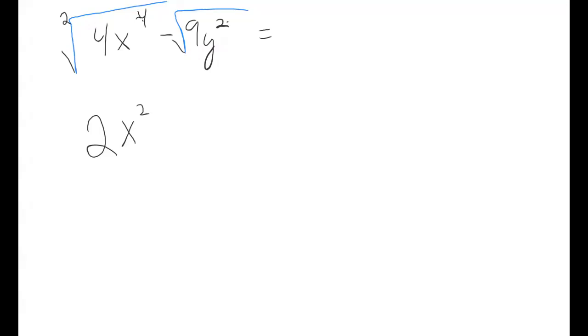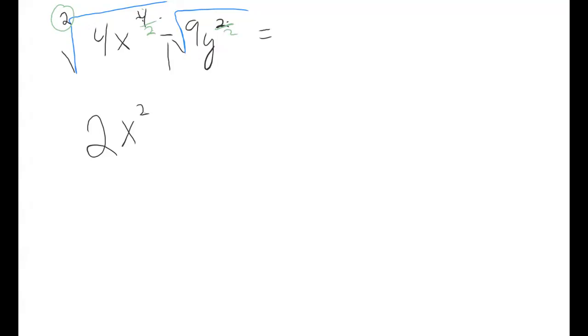If I take the number on the outside and the number on the inside and divide them, 4 divided by 2 is 2. 2 divided by 2 is 1. So if you don't understand how square roots work with variables, that little trick always works. So the square root of 4x to the 4th is 2x squared.